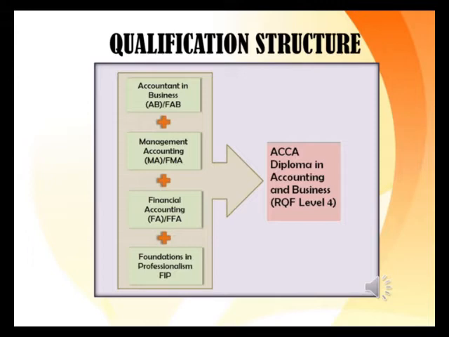You just begin with these three papers: financial accounting, FFA or F3, management accounting, F2, and accountant in business, now called business and technology, which is F1. If you finish these papers, you will get the Diploma in Accounting and Business given by ACCA.